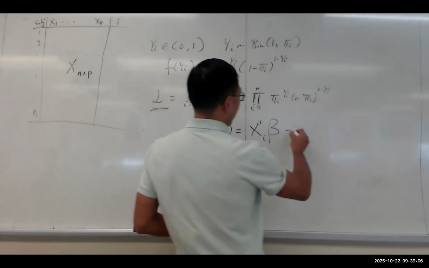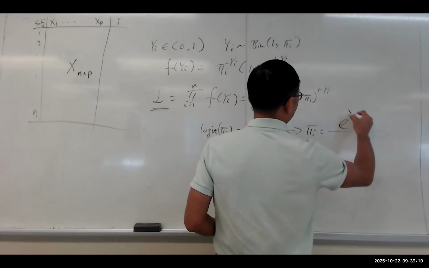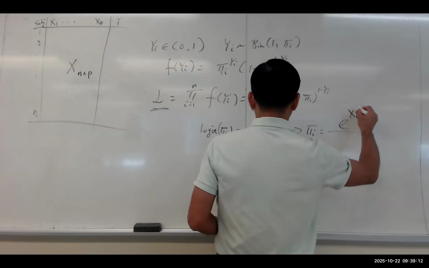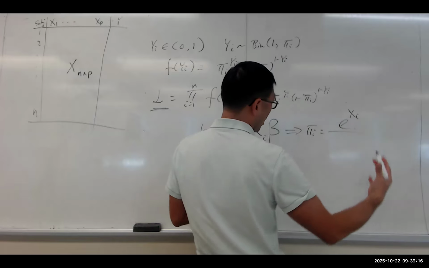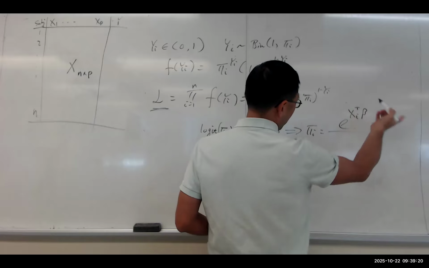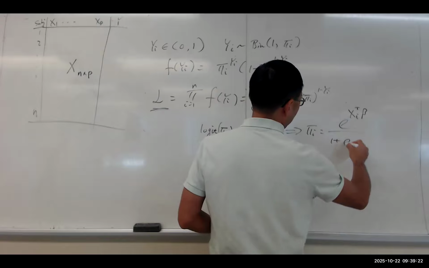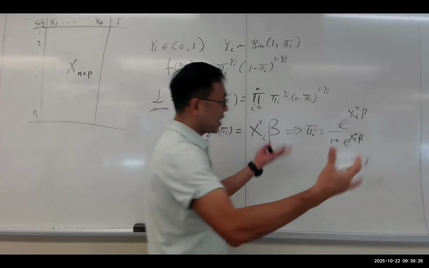Given that, pi i is equal to e to the power of xi beta over 1 plus e to the power of xi beta. Depending on whether you view xi as a column vector or a row vector, you can have the transpose or not, so it's context dependent.